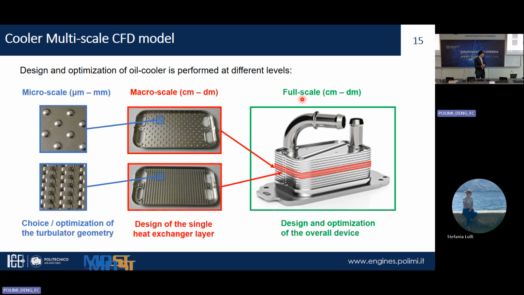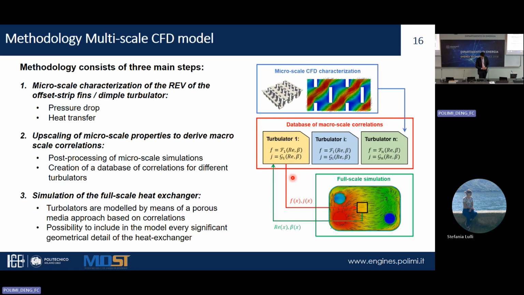And then for the oil, we usually have a dimple plate, and for the water, we have this kind of turbulator with fins that you see here. These are examples of the two geometries, and then this is the plate that is piled up in a full-scale cooling device.